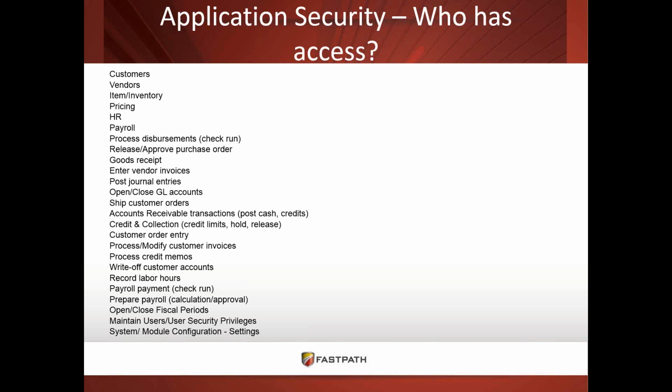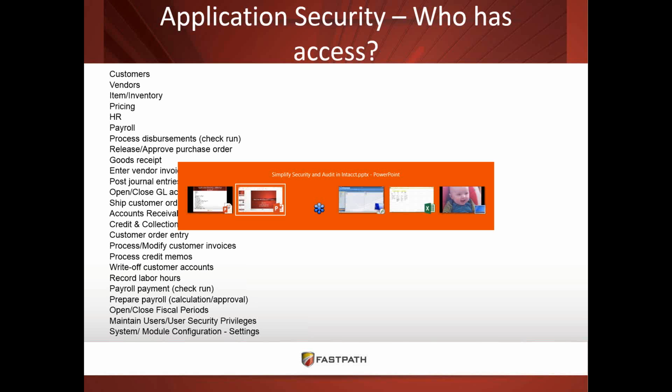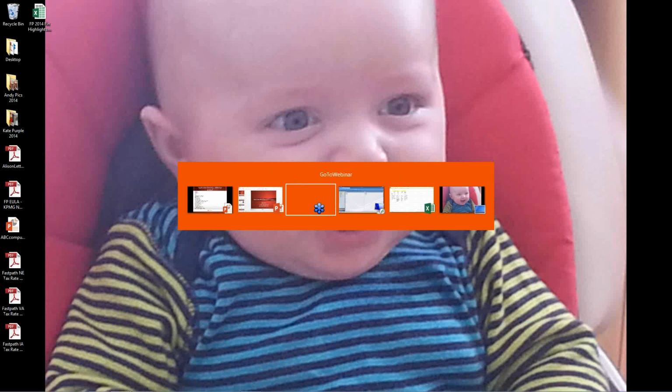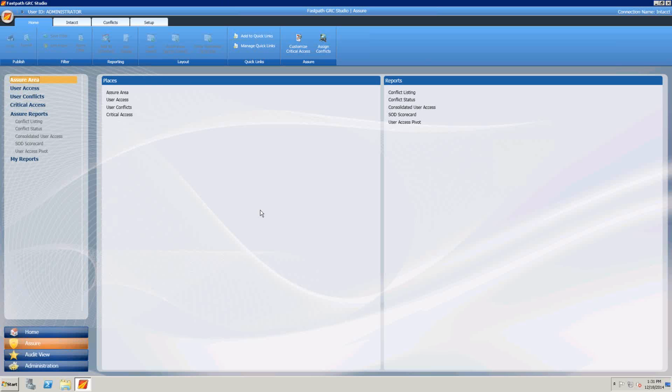Out of the box, Intacct has some access reports, and we've partnered with Intacct to offer some advanced functionality in understanding who has access. If I flip over to my server here, this is our GRC Studio tool. It integrates with Intacct and sits outside of Intacct. It's an Outlook style interface.